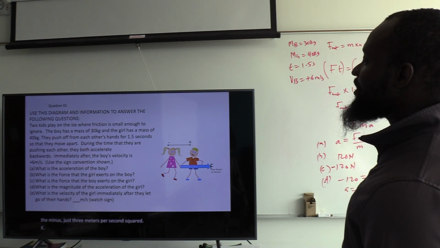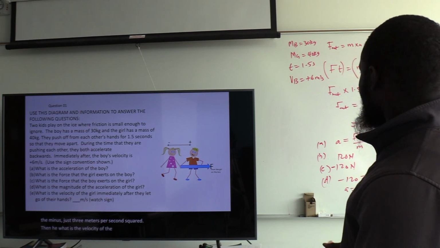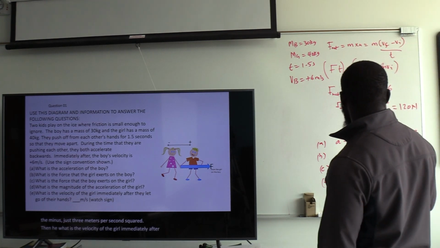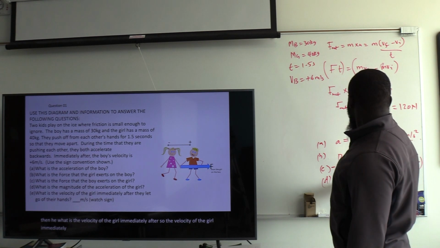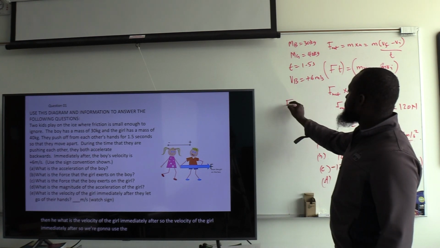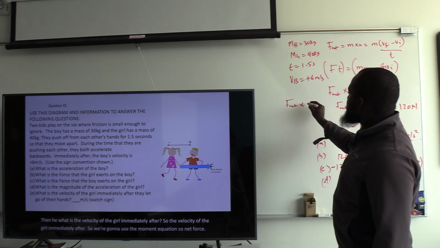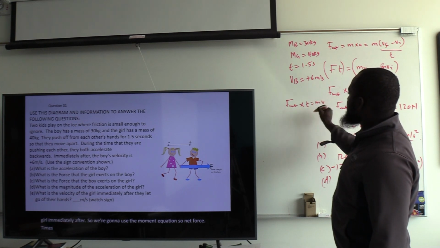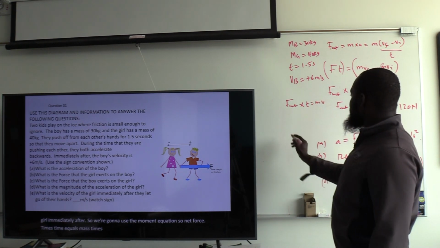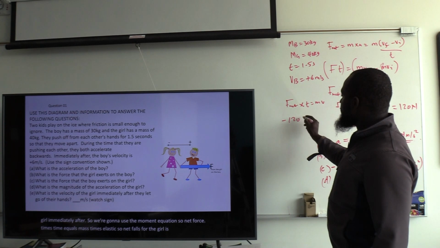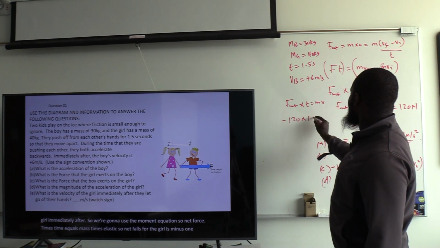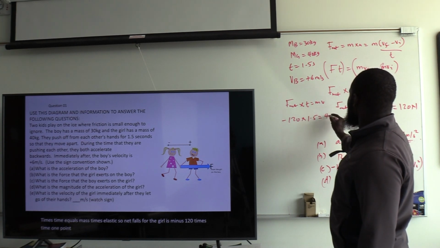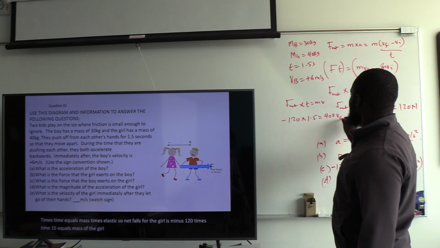Then E, what is the velocity of the girl immediately after? We're going to use the momentum equation. Net force times time equals mass times velocity. So net force for the girl is minus 120 times time, 1.5, equals mass of the girl, 40, times velocity of the girl.